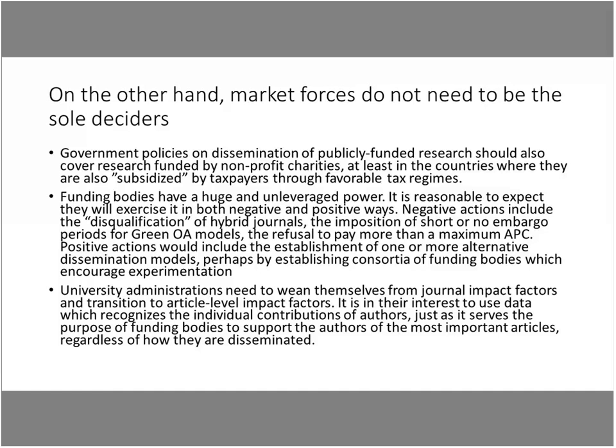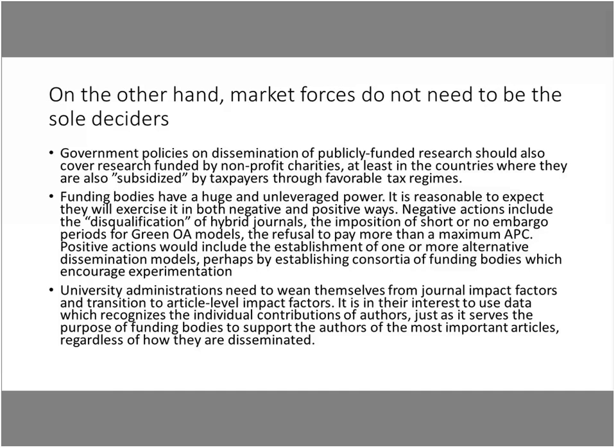They could take some of what I call negative actions: disqualifying hybrid journals, imposing short or no embargo periods for green open access, refusing to pay more than maximum APCs. They can also take even more proactive actions. They can embrace, fund, and sustain alternative dissemination models, and Rupert will talk about some of them, and perhaps establish consortia which encourage even more experimentation.